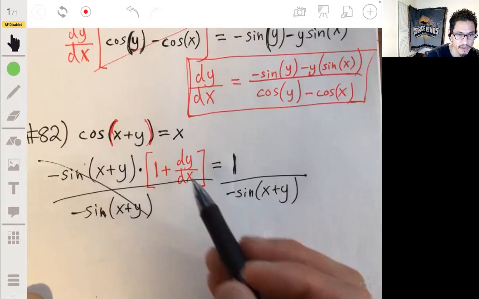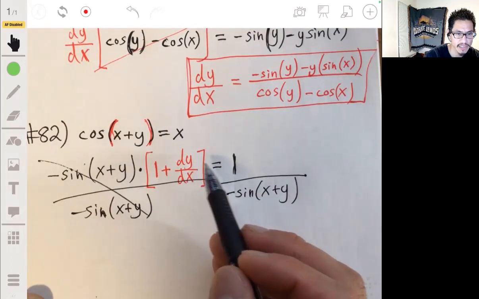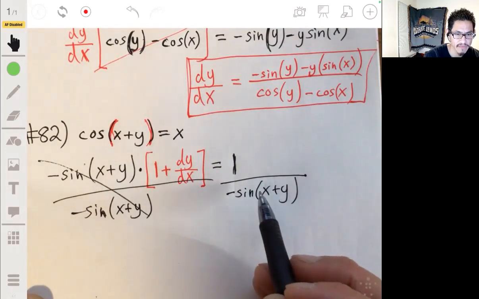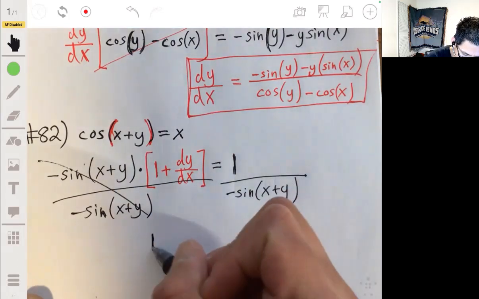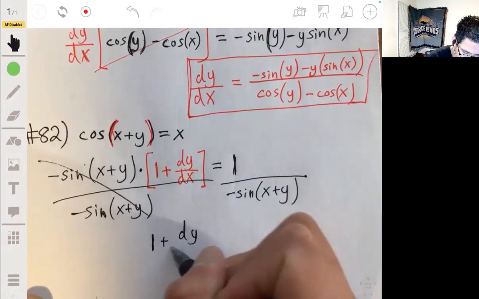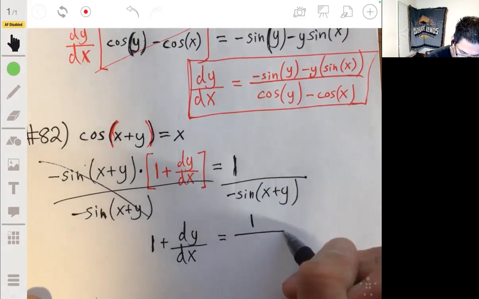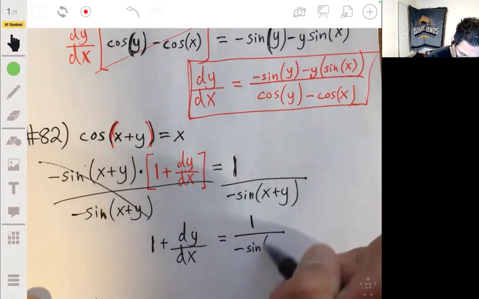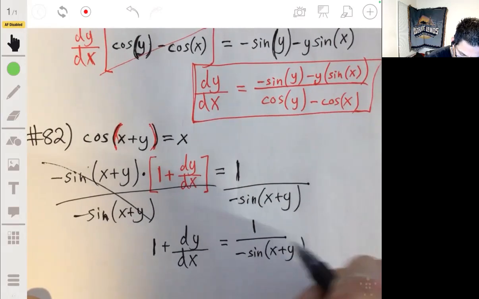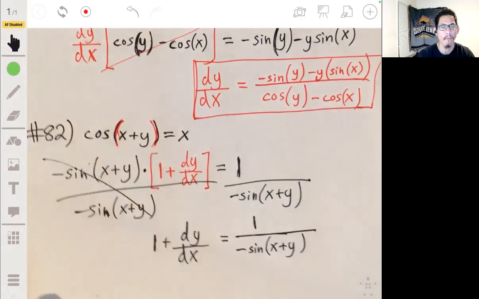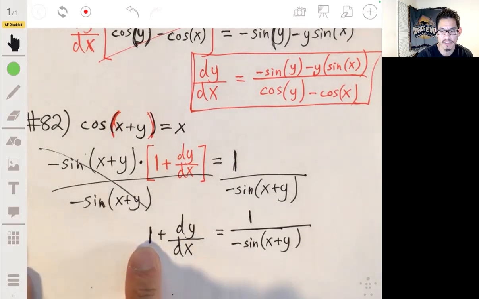That falls away. So then we have 1 plus dy dx is equal to 1 over the negative sine of x plus y. And then all we have to do is subtract this 1.